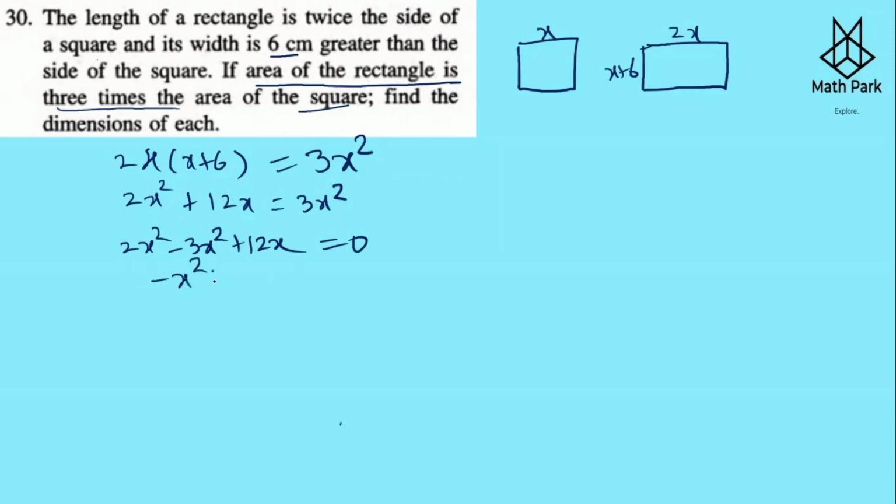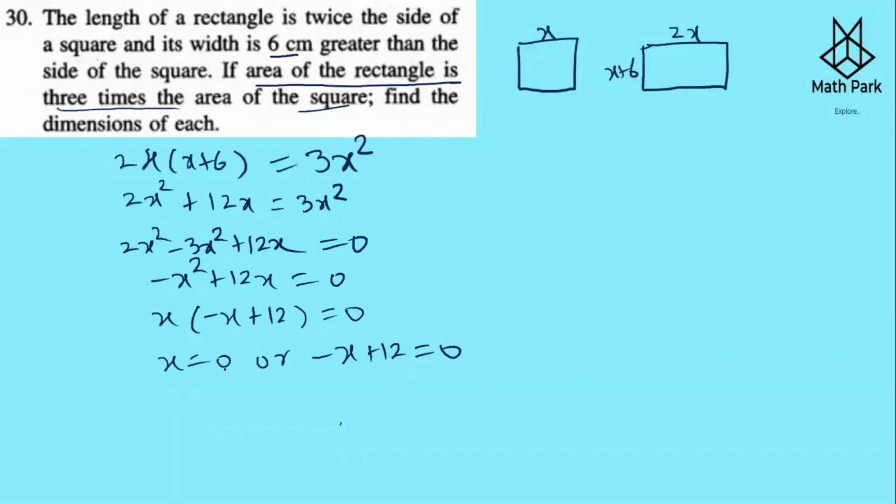So you get minus x square plus 12x is equal to 0. So if you take x common, you are getting x times minus x plus 12 is equal to 0. So you get either x is equal to 0 or minus x plus 12 is equal to 0. So you get x is equal to 0 or x is equal to 12. This minus x moves here, you get x is equal to 12.